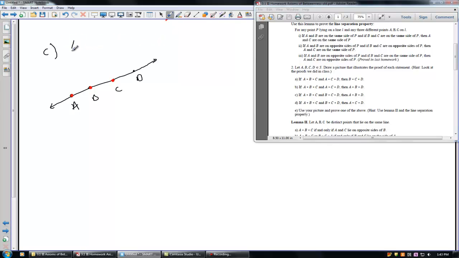So I have A star B star C. And I have what else? B star C star D. And for this one, I need to write this down. Let's write B star C star D down. And I want to show, what do I want to show?